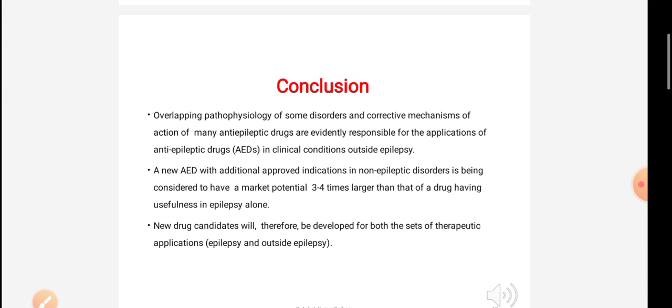So, a new anti-epileptic drug with additional approved indications in non-epileptic disorders is being considered to have a market potential 3 to 4 times larger than that of a drug having usefulness in epilepsy alone. So it appears that new drug candidates in future will therefore be developed for both the sets of therapeutic applications, that is epilepsy as well as non-epileptic disorders outside epilepsy.